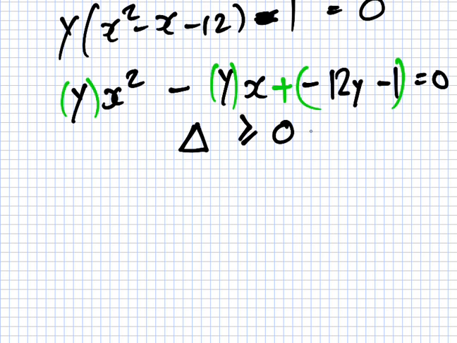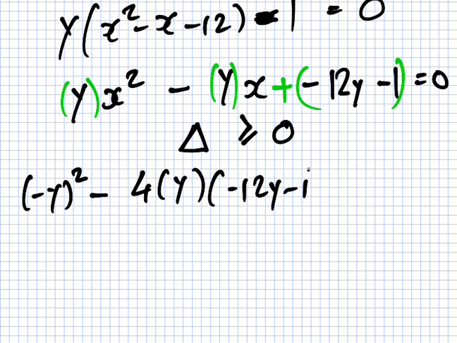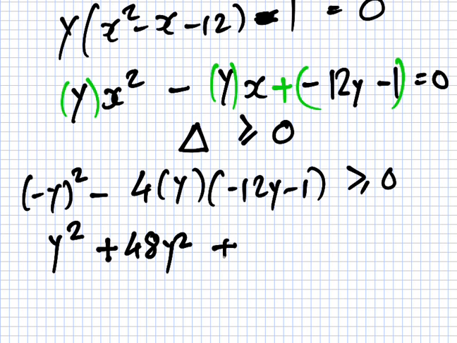And what is the formula for the discriminant? b squared minus 4ac. And we did this in semester 1 also, it should look familiar. So you have y squared plus 48y squared plus 4y bigger than or equal to 0 when I expand. So what have I got?